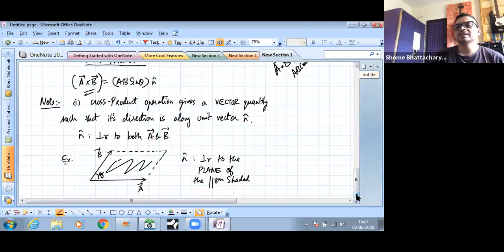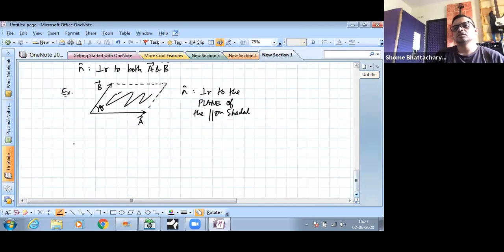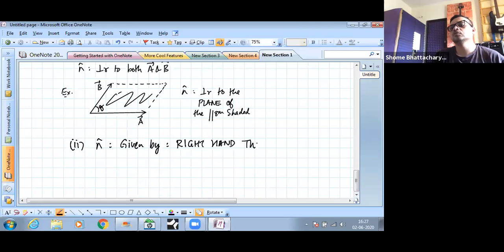Okay. Now the next thing is n cap is given by what we call the right hand thumb rule.